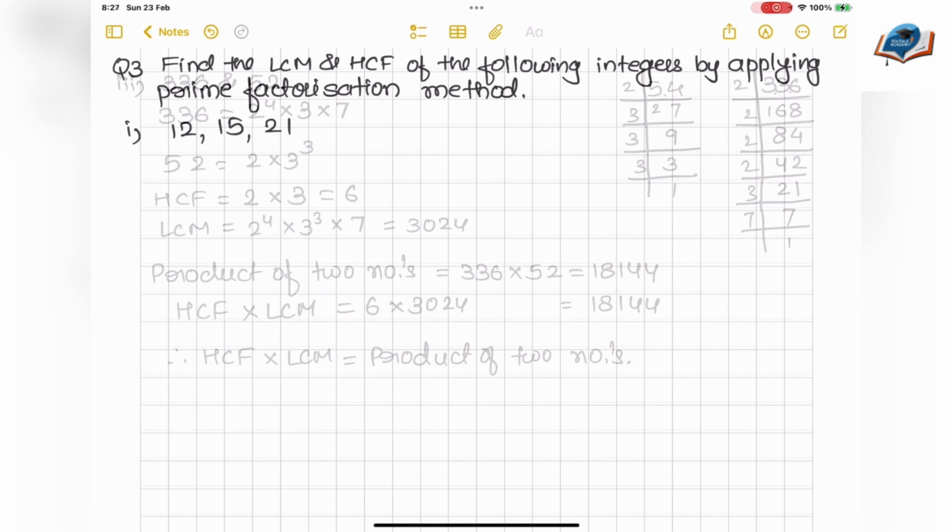So I can say LCM will be equal to the product of numbers upon HCF, using the formula HCF into LCM equals product of two numbers. So this will be 306 into 657 upon HCF, given as 9. So the answer will be 22338.